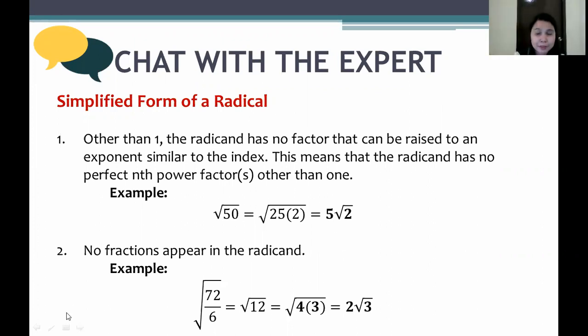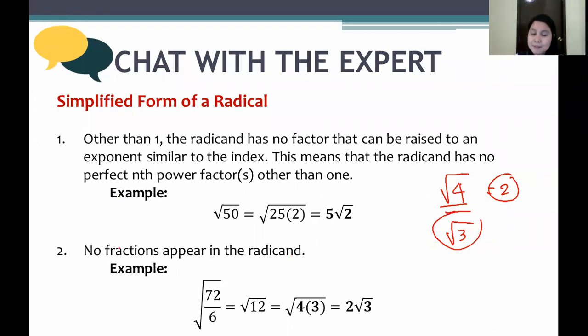But if the one inside is still square root of 4, there's a square root of 4, so it should be 2. But square root of 3, there's no square root of 3, so it's already simplified.